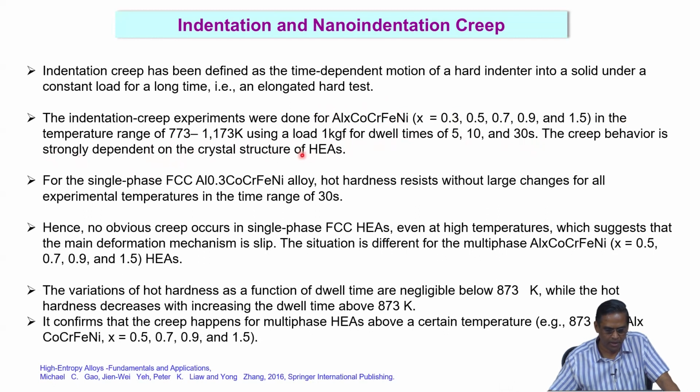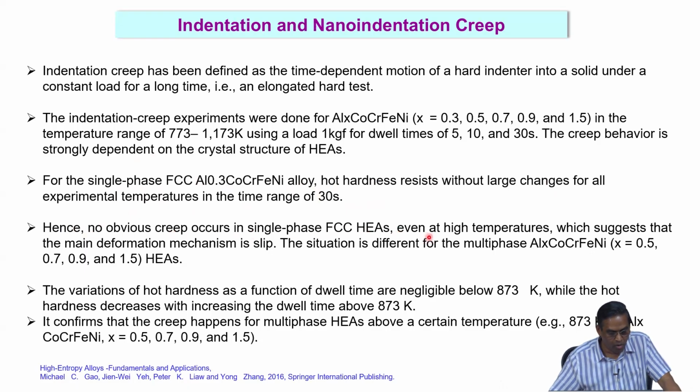And this creep behavior is strongly dependent on the crystal structure of high-entropy alloys. And this particular alloy has an FCC crystal structure, a single phase, and hot hardness resists without large change for all the experimental temperatures in the time range of 30 seconds.